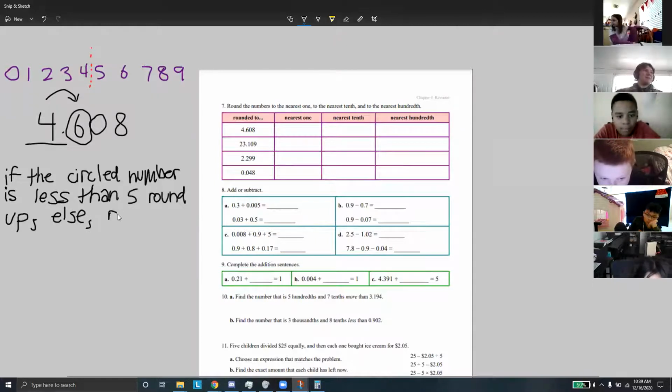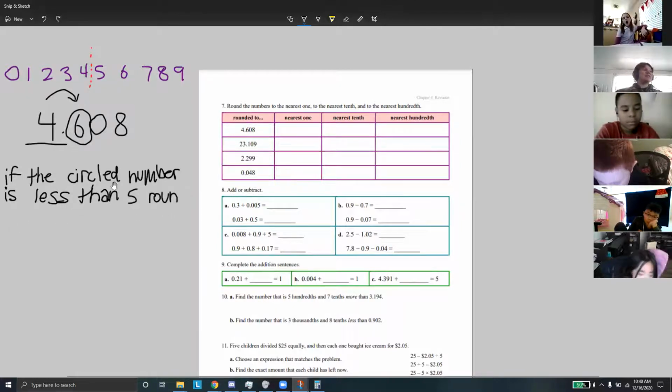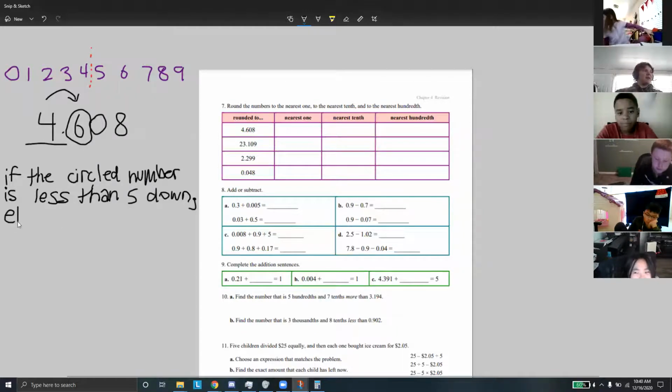Else, round down. Wait, if the circled number is less than 5, whoa, I got that backwards. If the circled number is less than 5, we round down. Yes, if the number is 0, 1, 2, 3, or 4, we'll round down. Yep. Everyone is Team Down now. Okay. Please focus on the assignment. Else, round up.